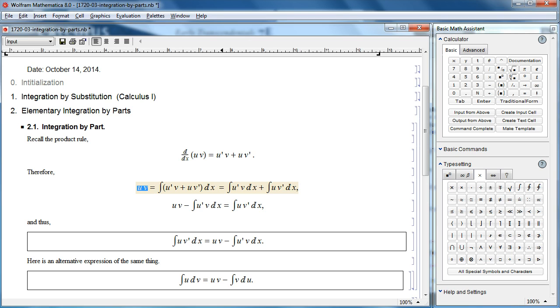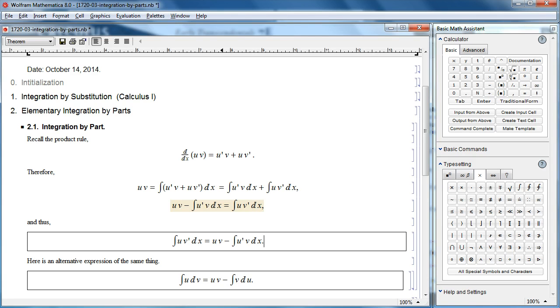The right-hand side becomes the antiderivative, and then we can simply separate these indefinite integrals. And then we simply flip this first antiderivative to the other side, and we end up with this: uv minus integral u prime v dx is integral of uv prime dx.